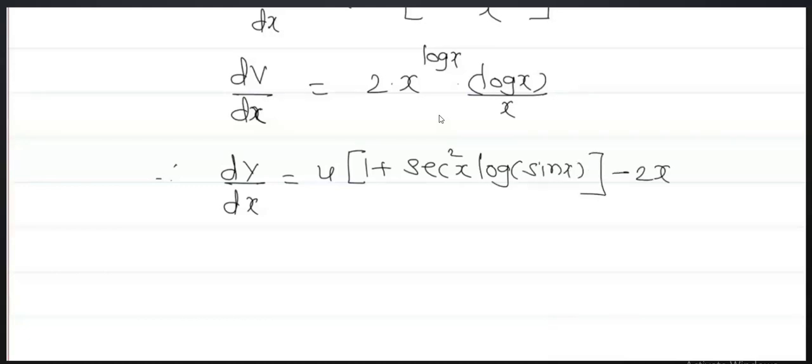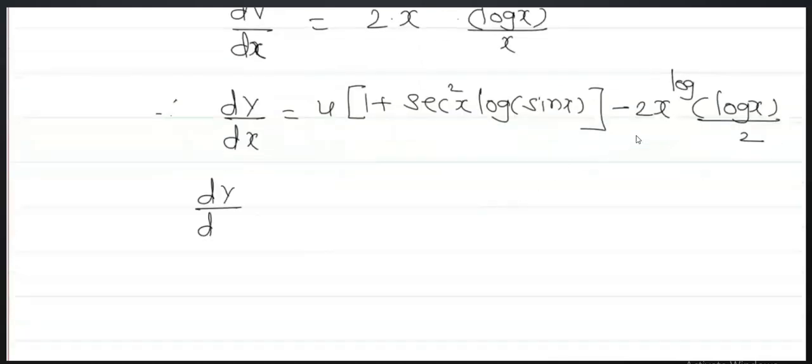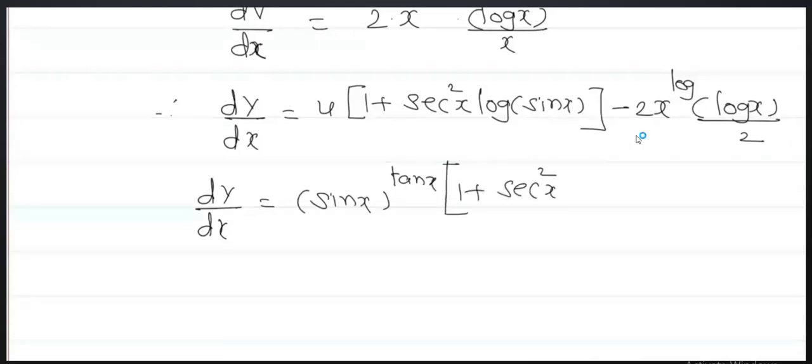Therefore dy by dx is equal to u in bracket 1 plus sec square x into log of sin x minus 2 into x raised to log x into log of x, this must be your x.